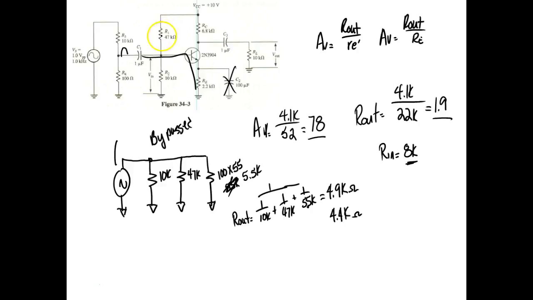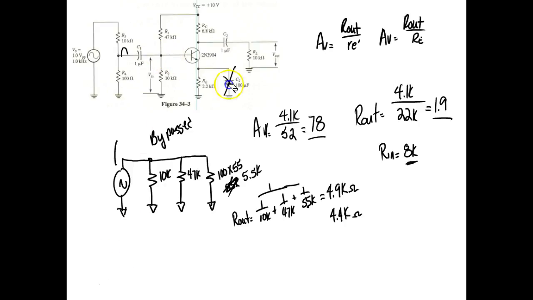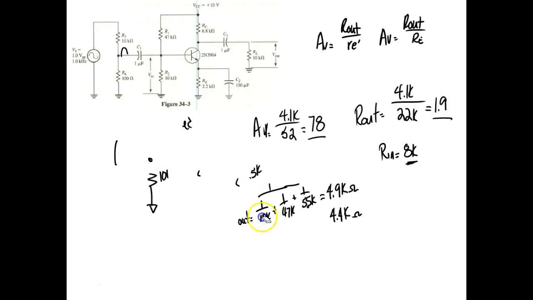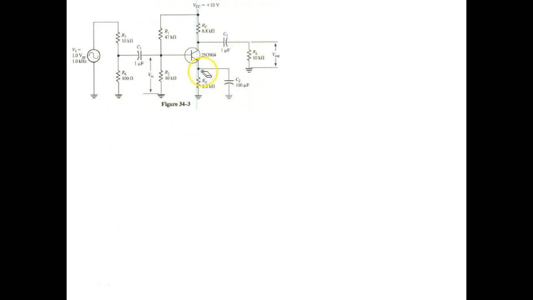What's going to happen if R1 opens? Resistors open all the time, guys. So if C2 opens, then our gain goes from 78 or 70, whatever it is, down to 2, right?